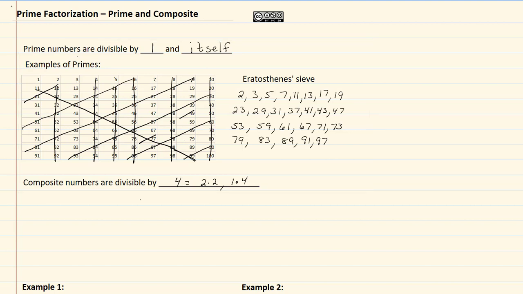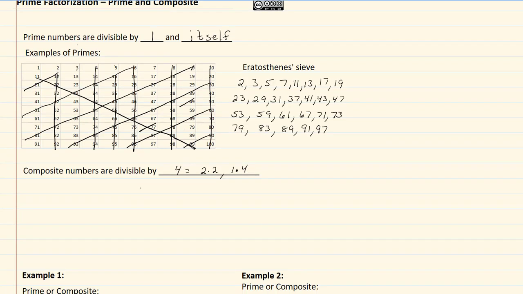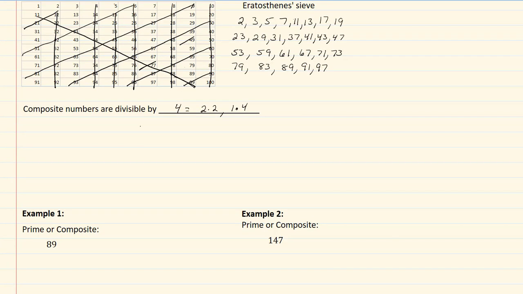So let's take a look at our examples here. Our first one is asking if 89 is prime or composite. If we take a look at our list again of prime numbers, 89 is in our list, so it's a prime number. But I can also check it by doing some division. I can't divide 89 by 2 because it's not going to come out evenly.